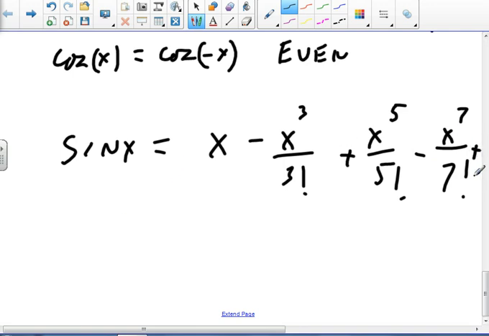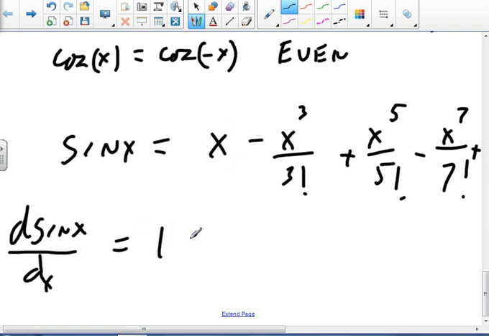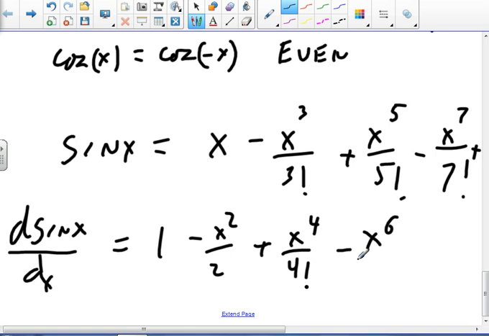I most certainly do. And then we say, well, the derivative of the sine is cosine, right? So I take the derivative of this thing, and what do I get? Oh wow, I get the series expansion of the cosine function. So now I have a continuous thing going on.